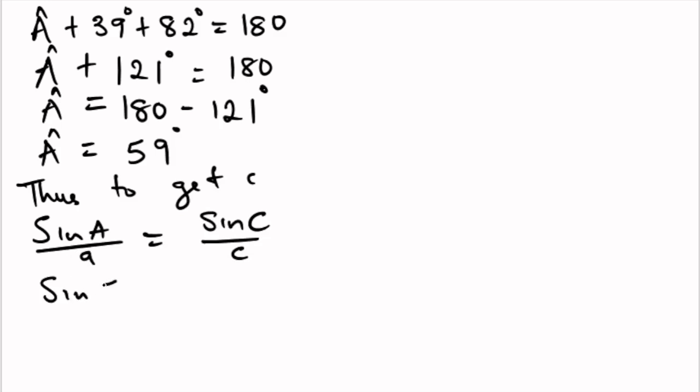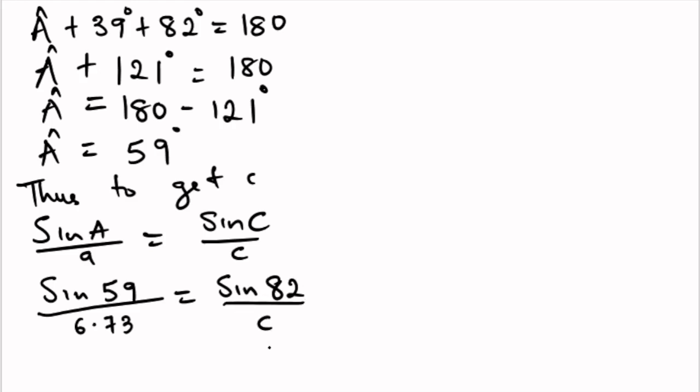Sine capital letter A will have sine 59 over small letter a, which is 6.73, equals sine C, we have sine 82 degrees over small letter c.